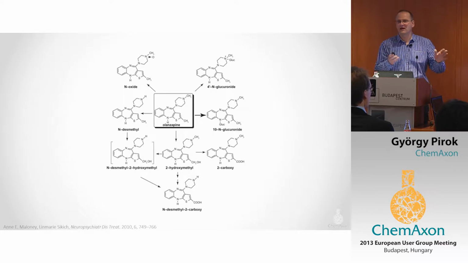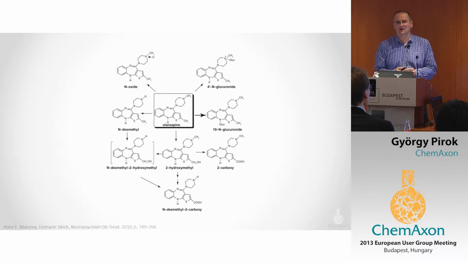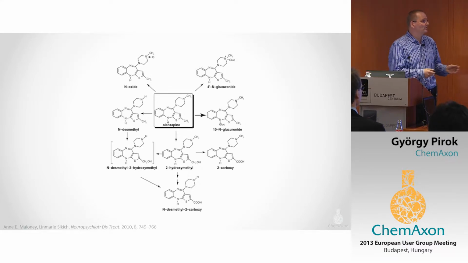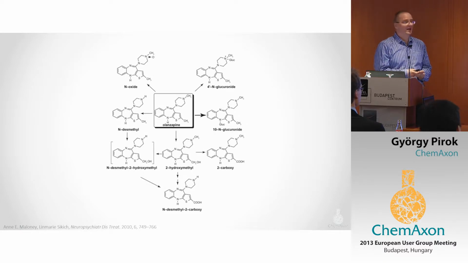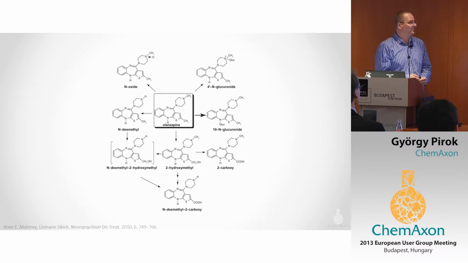Alcohol and other foreign compounds are also important, but from our perspective, the most common molecules we face are drugs. Here is an image from a publication with a compound which was transformed to many metabolites.